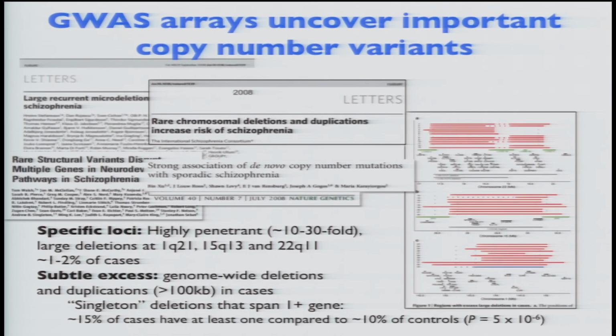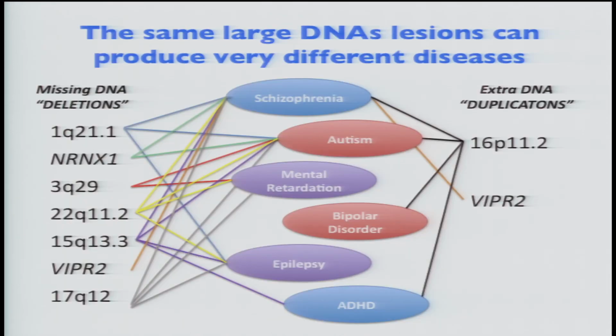The next big surprise, though, was that these very same DNA lesions can produce very different diseases. And this has become a theme for all the forms of variation that we've been finding in association with schizophrenia and bipolar disorder. There's a whole variety of deletions being followed up and studied, and they cause a whole variety of diseases.